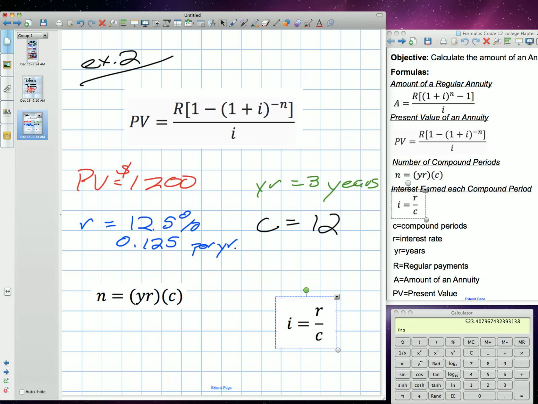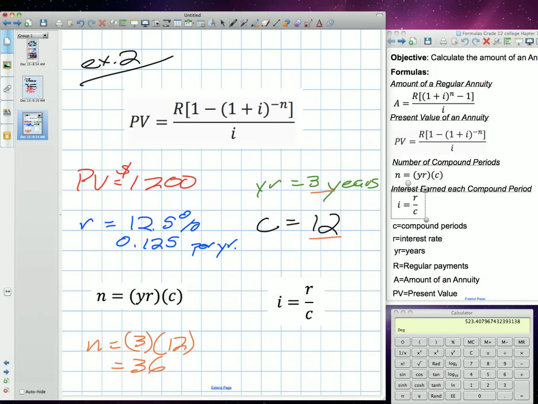That's right. So N is equal to our years, which is 3, multiplied by the compound periods, which is 12. So he's going to be charged interest over the 3 years 36 times. Okay? Every month for 3 years, he gets charged interest on his loan. So 36 times he gets charged interest.